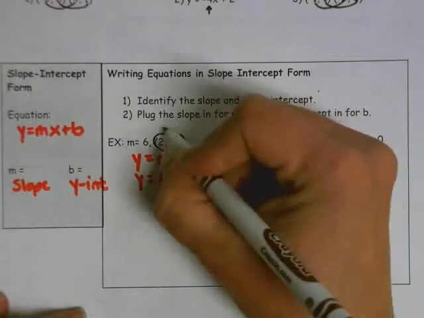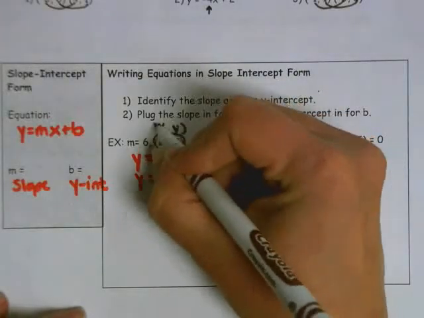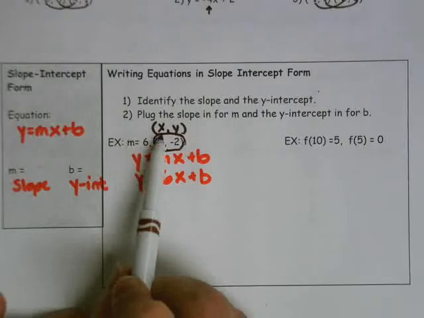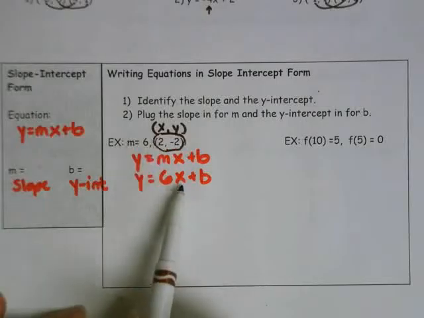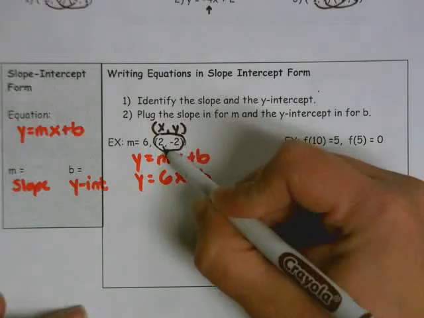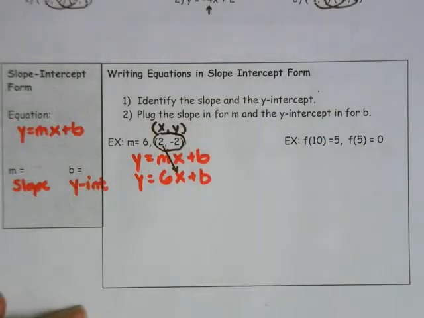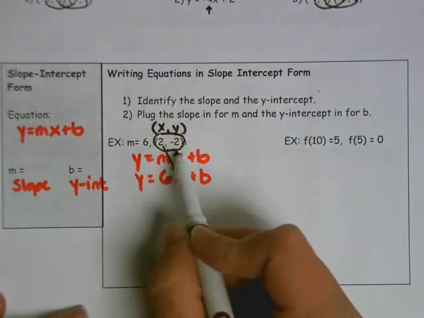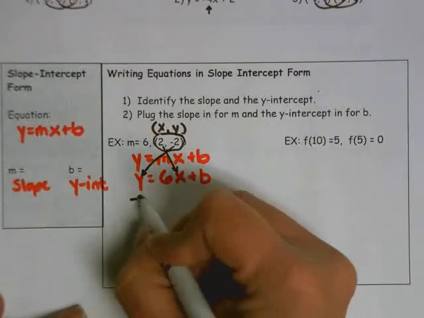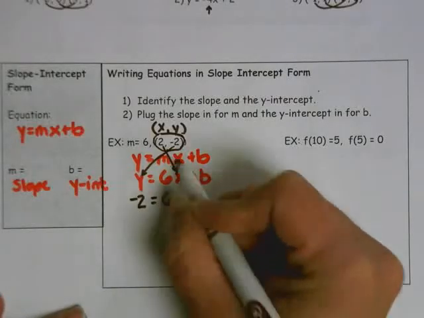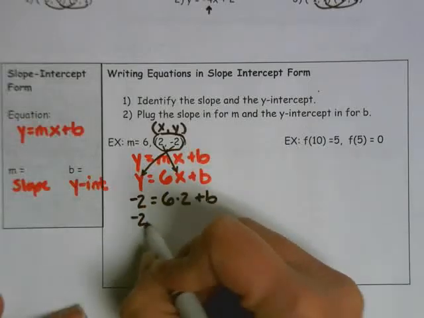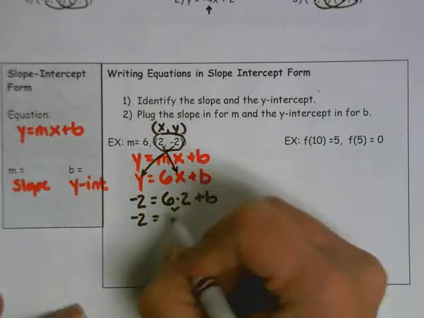We know that this is just some x, y, some ordered pair that the line goes through. We're going to take our x and plug it in for this x, and take our y and plug it in for this y. So our 2 is our x, and this -2 is a y. So it looks like -2 equals 6 times our x, which is 2, plus b. -2 equals, now that's just 12 plus b.